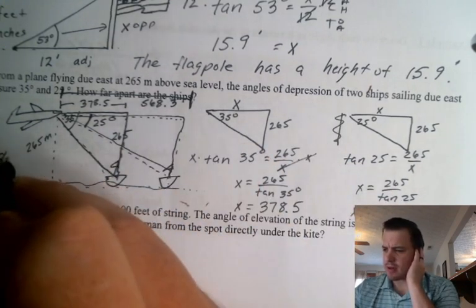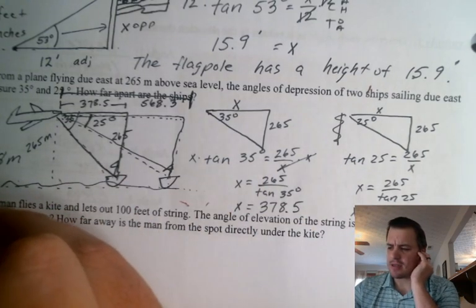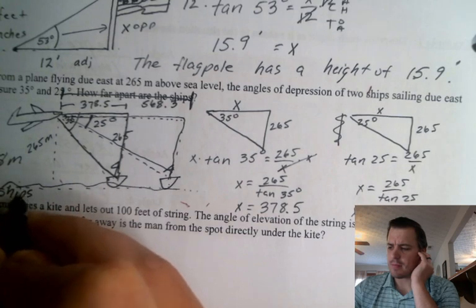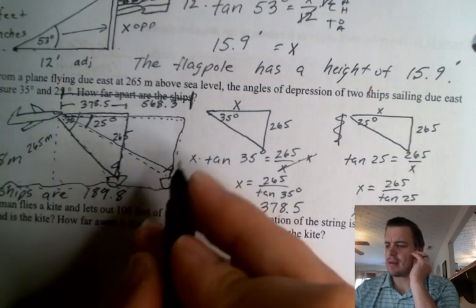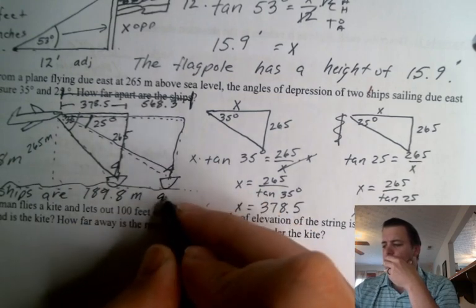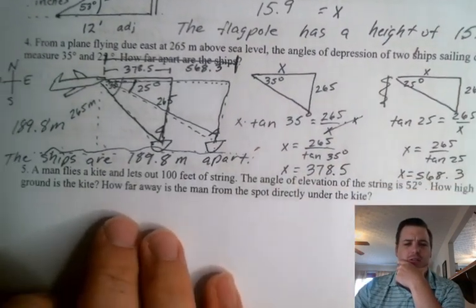And we're dealing with meters here. So I would just say down here the ships are 189.8 meters apart. On your homework, I want you writing sentences. Just write one sentence about what's happening.